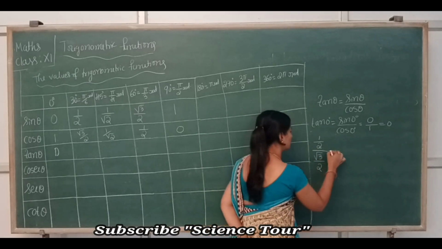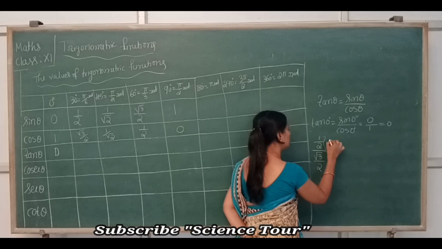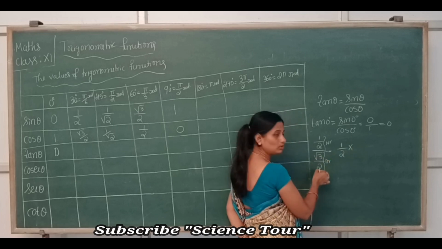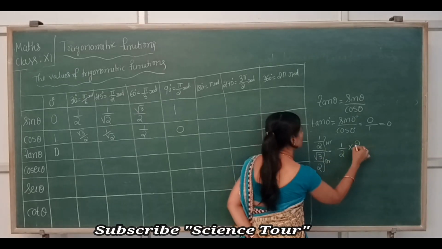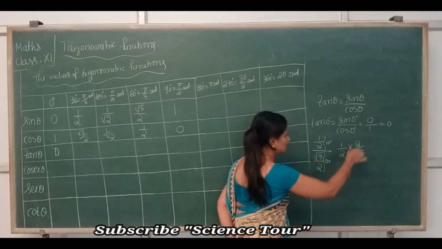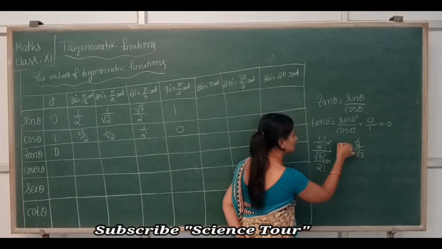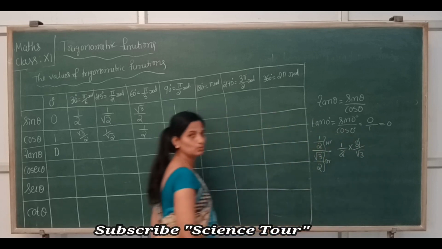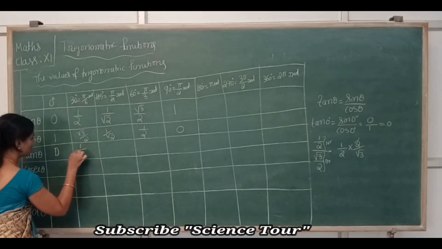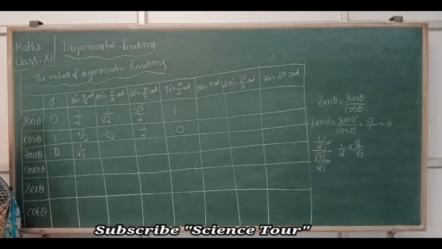Yes, now this is your numerator part and this one is denominator part. So it is 1 by 2 into this root 3 by 2 can be written as what? 2 divided by root 3. Is it right? So this 2 and this 2 cancel. What is left? 1 divided by root 3. So what is the value of tan 30? It is 1 divided by root 3.